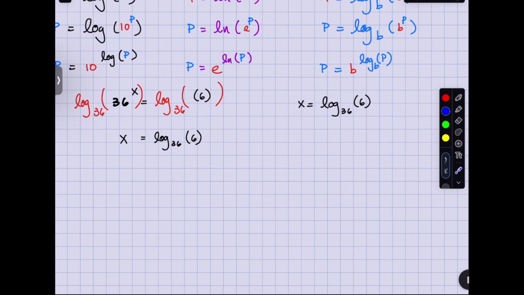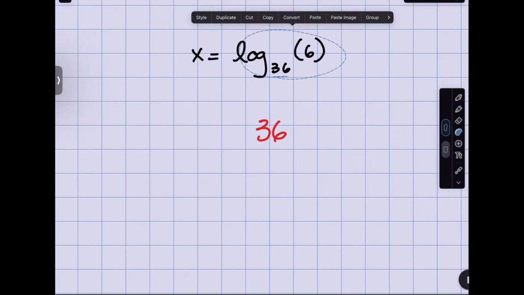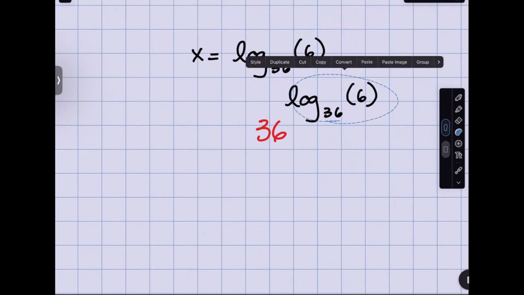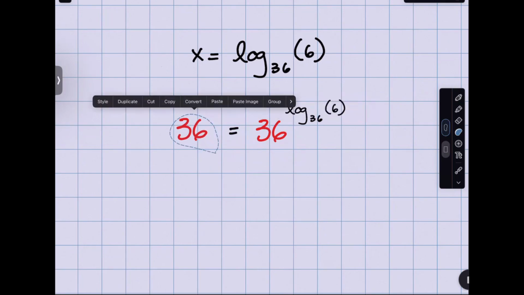So on the right, I want to convert it back to this thing here. I identify the base, 36, right? The log is already there. So what's the opposite operation of that? It'd be 36 raised to this power. Here, let me shrink that a little bit so it looks like it's to the power. Right? If I do it on the right side, guess what? I got to do it to the left side.